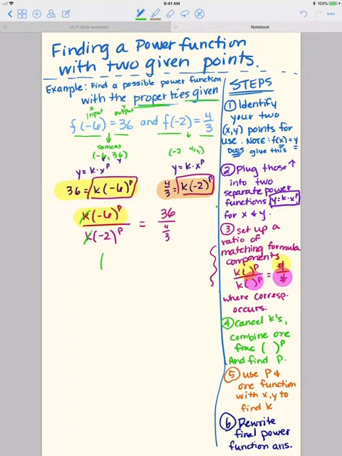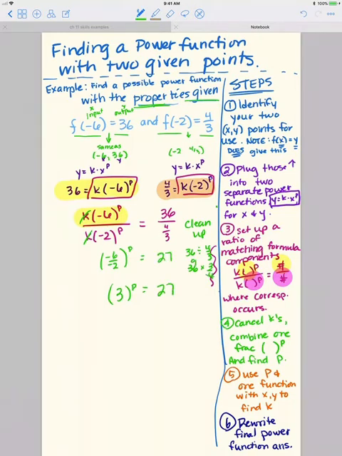And I'm going to combine the -6 over -2. In this instance, it's actually going to help us because -6 over -2 is just 3. And then if I clean up the right side, it's a fraction and a fraction, so we've seen this. So it's like 36 divided by 4/3, which is 36 times 3/4, which simplifies to 27.